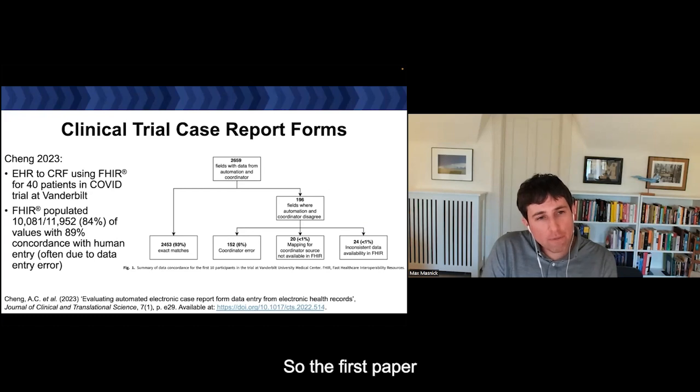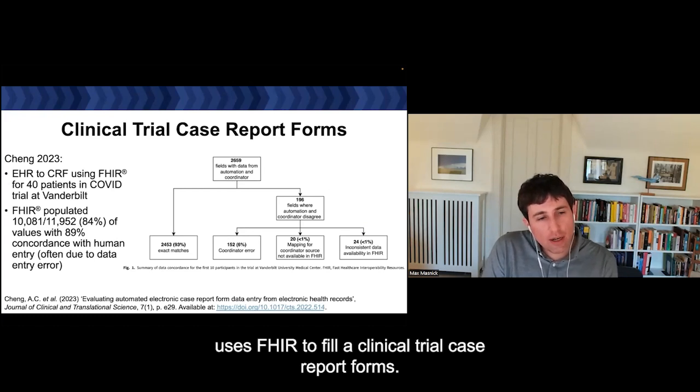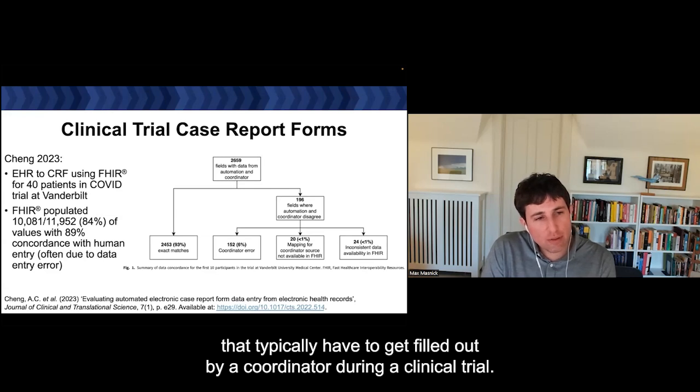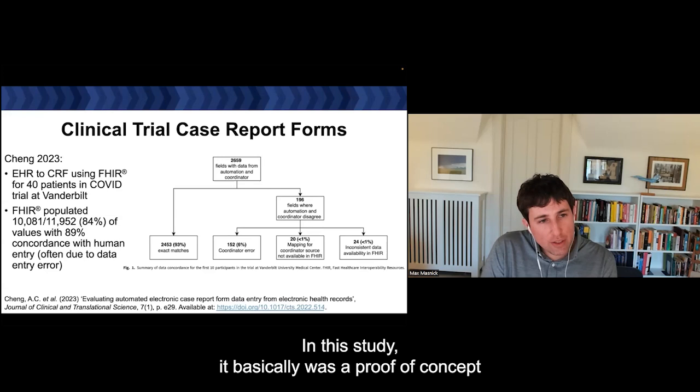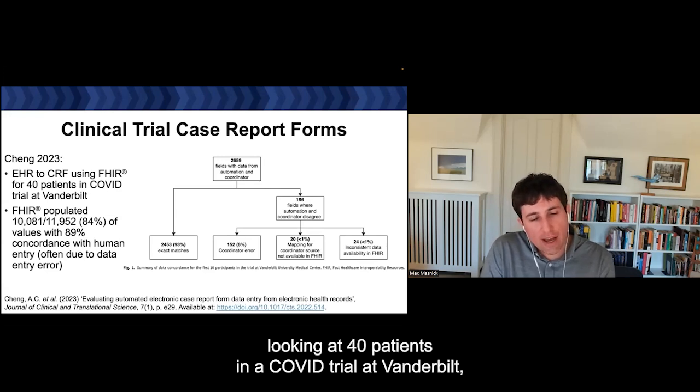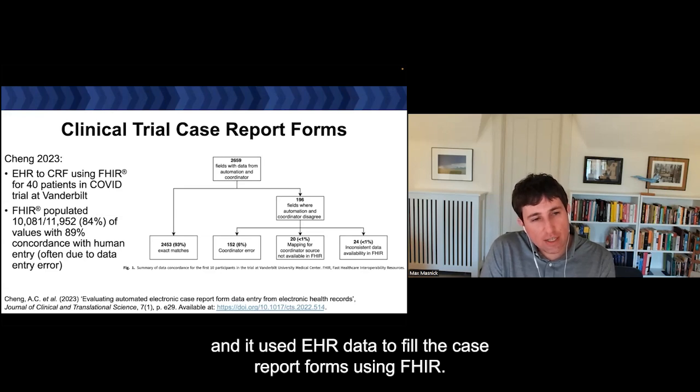So the first paper uses FHIR to fill clinical trial case report forms. These are forms that typically have to get filled out by a coordinator during a clinical trial. In this study, it basically was a proof of concept looking at 40 patients in a COVID trial at Vanderbilt, and it used EHR data to fill the case report forms using FHIR.